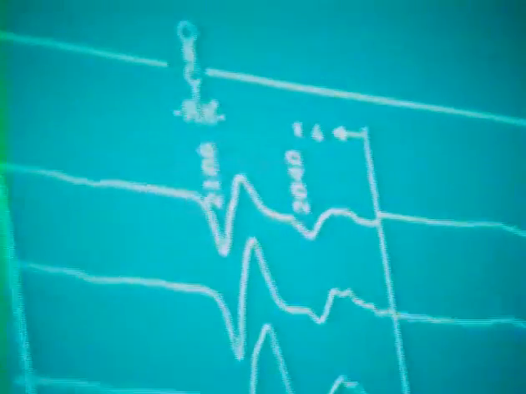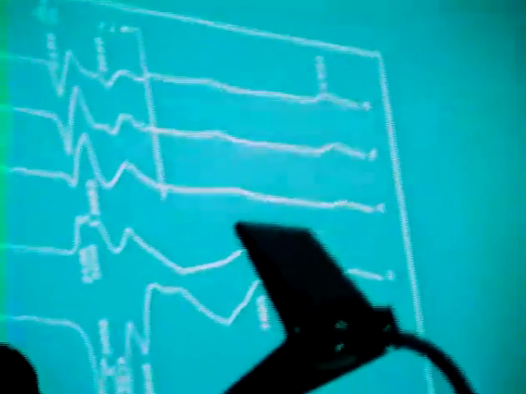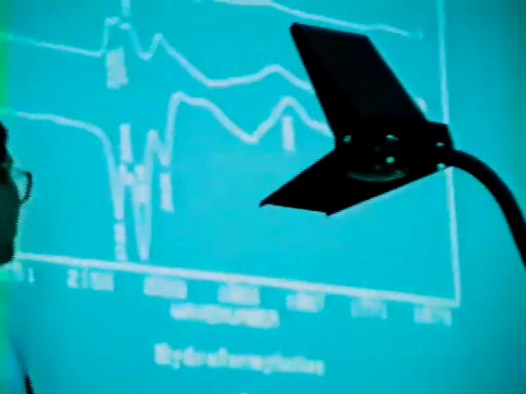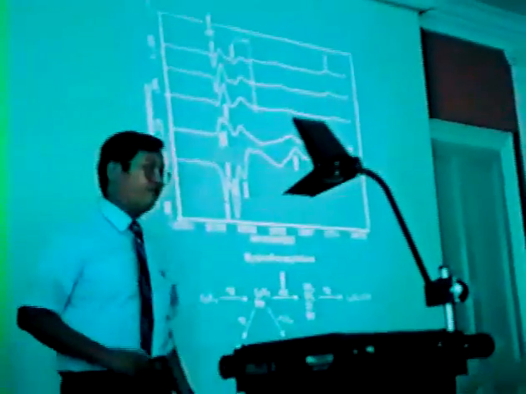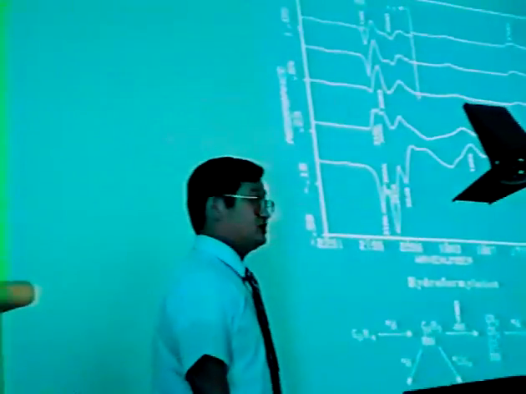So from this result, we conclude linear CO on oxidized rhodium can also act as a precursor involved in the CO insertion leading to the formation of the aldehydes. And we found, in fact, this oxidized rhodium is more active than reduced rhodium for the CO insertion.